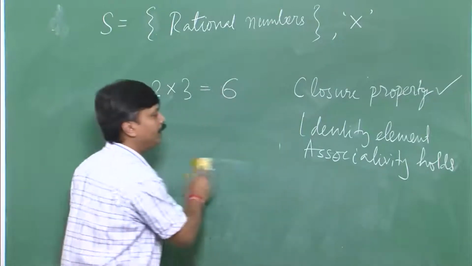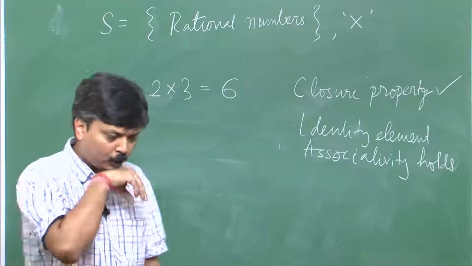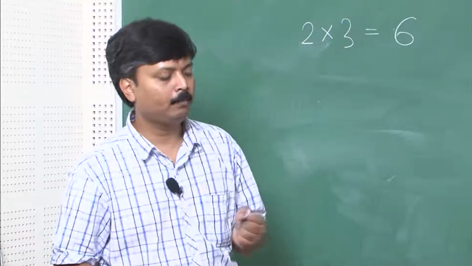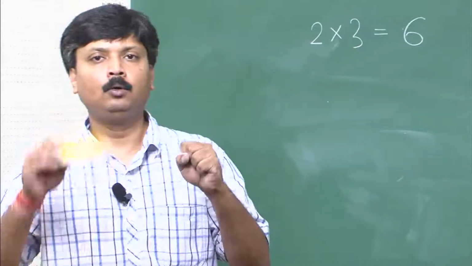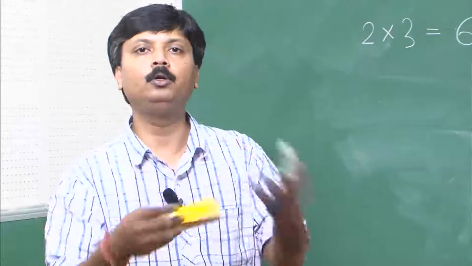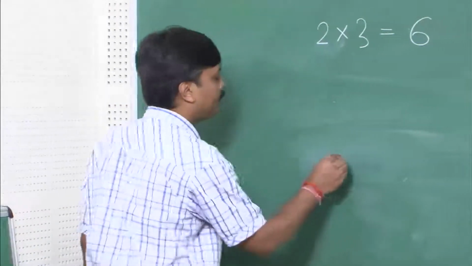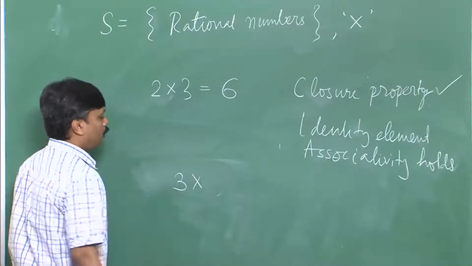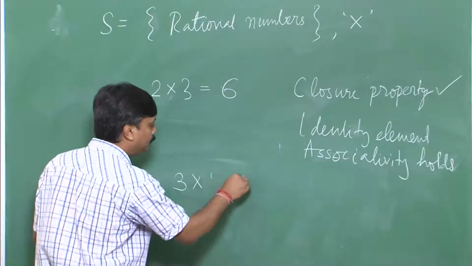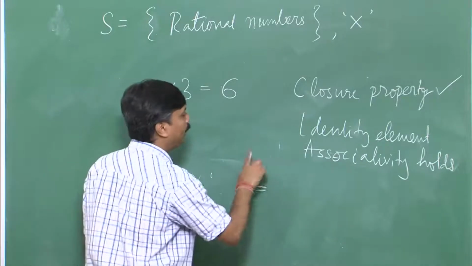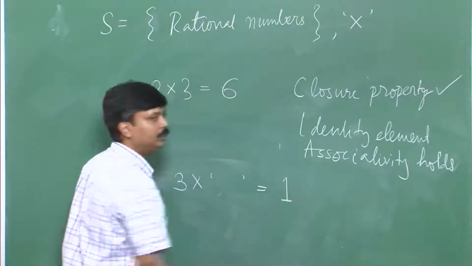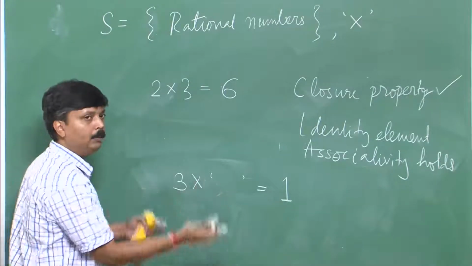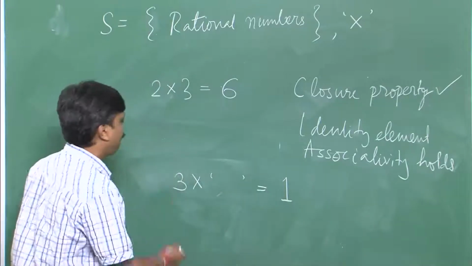Now we are left with the existence of unique inverse. So what does a unique inverse do to any element belonging to a set? That inverse will combine with the element to produce identity. So let us take 3. I have to combine with something which will produce my identity, which I already have got as unity. Similarly, if this is commuted, the answer is obvious.